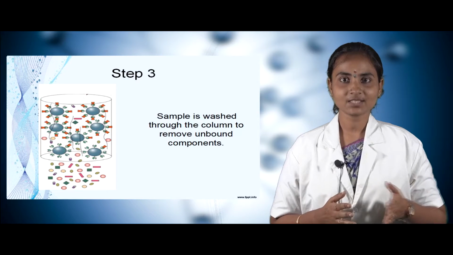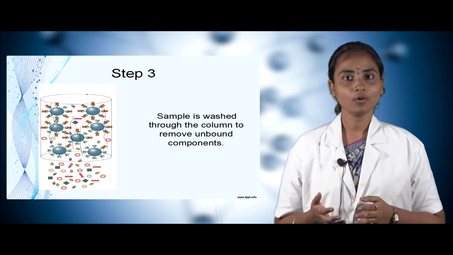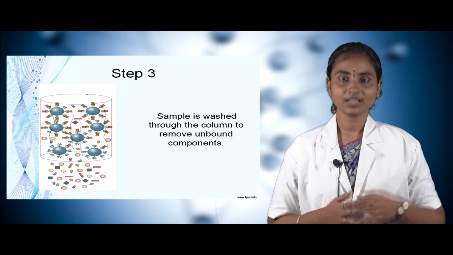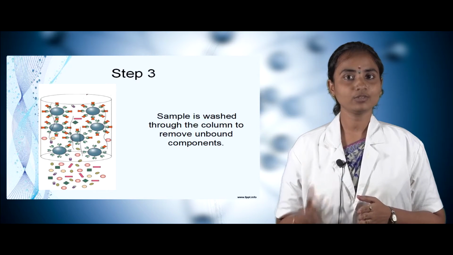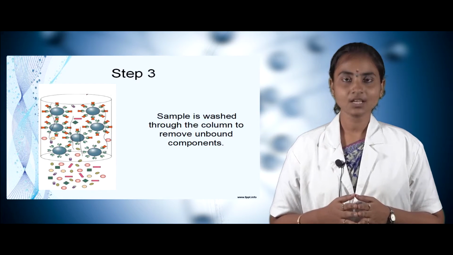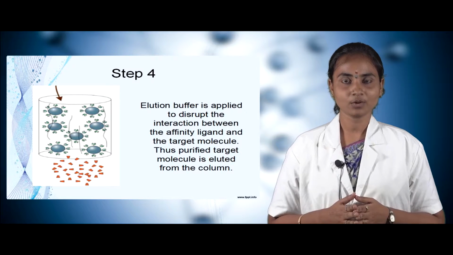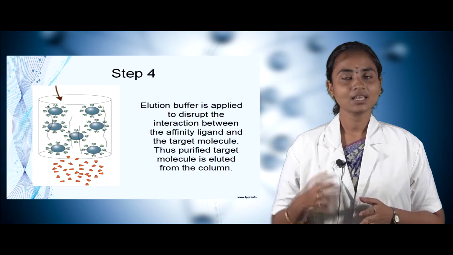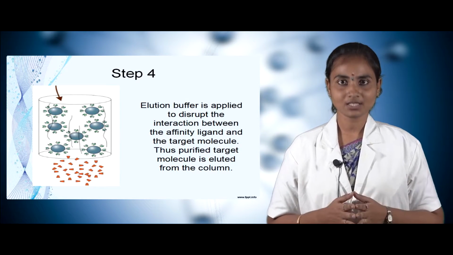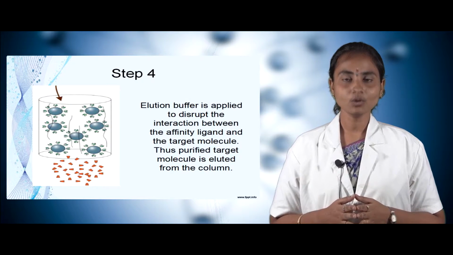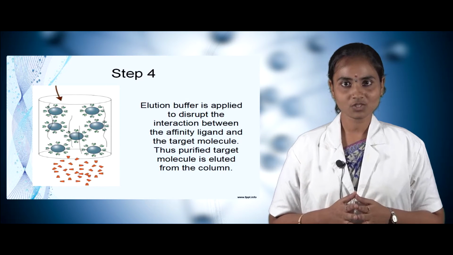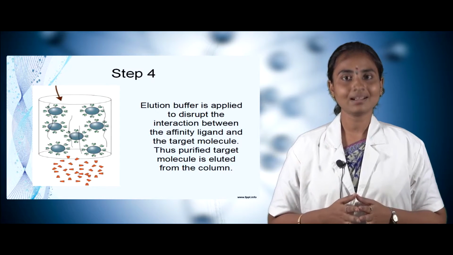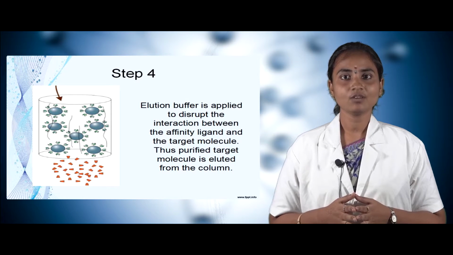Once the sample mixture is poured into the elution column, it contains a high concentration of both desired and undesired proteins. We have to remove the undesired proteins through various techniques. We can wash with extreme pH buffers and high salt concentrations, and we can also use solutions of different temperatures to wash off the undesired proteins.